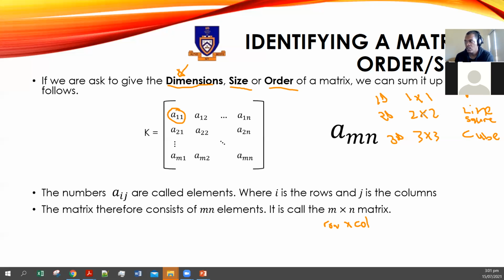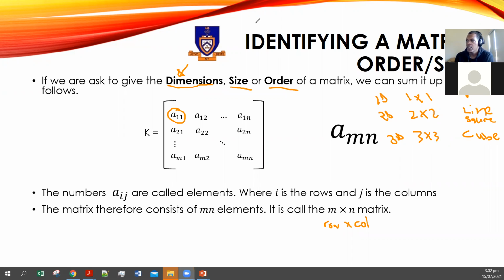It doesn't matter how it looks. If it's 2 rows and 1 column, it's a line. If it's 2 rows and 2 columns, it becomes a 2D shape: square, rectangle, triangles. And 3 dimensions, 3 by 3s, go on in that fashion.